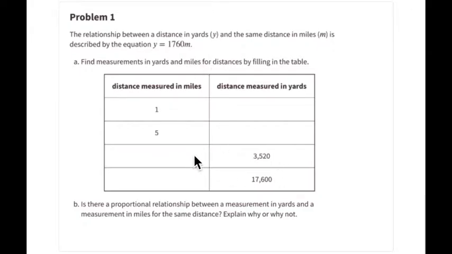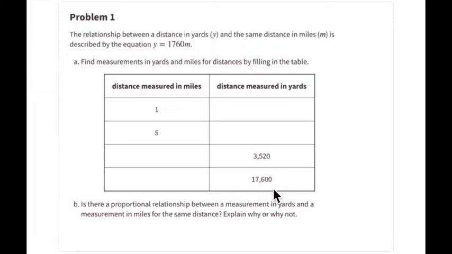Now, if you go the other way, the number of miles is going to be much smaller. So if you're measuring 3,520 yards, that number of miles is found by dividing by 1,760, or multiplying by the reciprocal of 1,760. So you're going to make this number much smaller to figure out the number of miles you need to measure this distance.